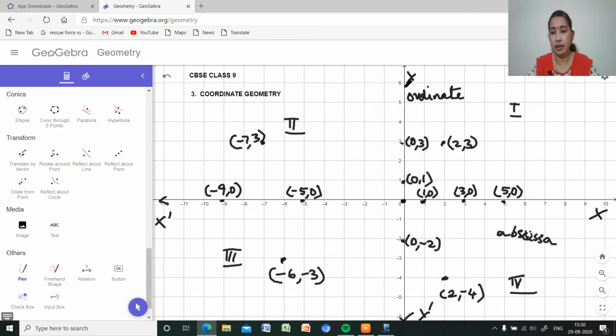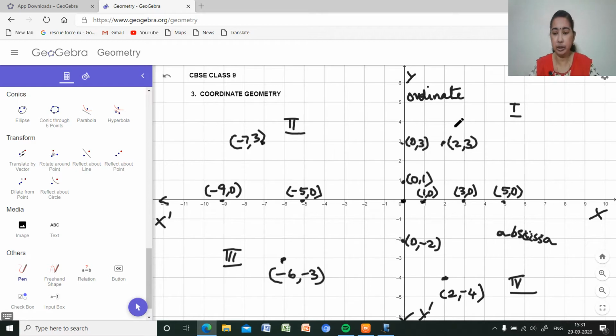So for any coordinate on the y-axis, the x value will be 0, and for any point on the x-axis, the y value will be 0. That is the way of marking on the x-axis and y-axis. On the x-axis the y value will be 0, on the y-axis the x value will be 0.